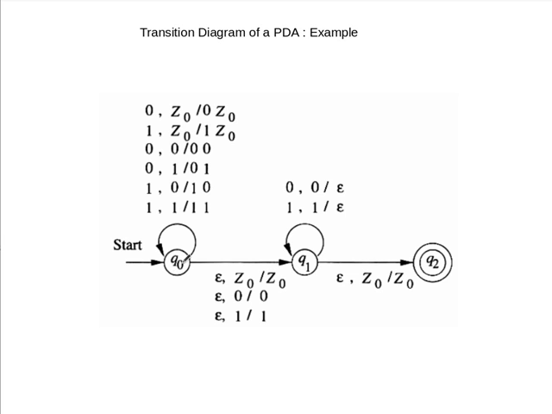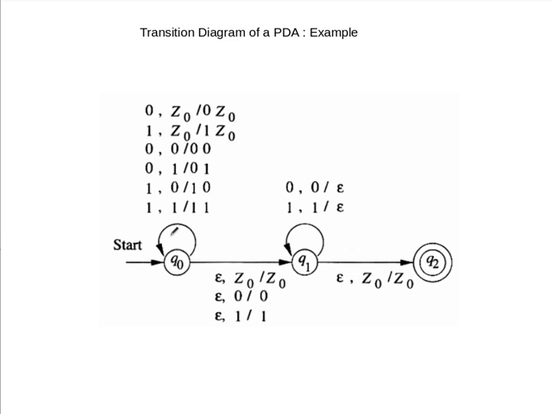So it says that you can have a transition from Q0 to Q0 if your current input symbol is 0 and the top stack symbol is Z0, and in that case you replace this Z0 by 0Z0, right? This is what it means.